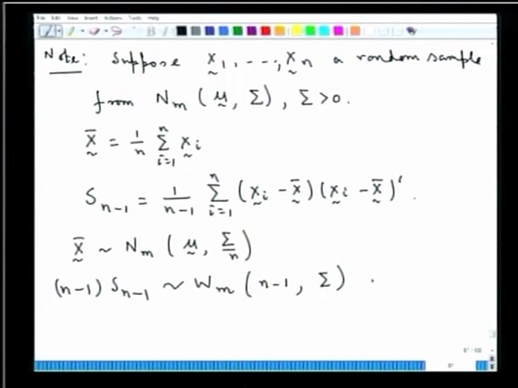And furthermore, we had importantly proved that x bar and S_{n-1}, one can also write this as S_n, are going to be independent.